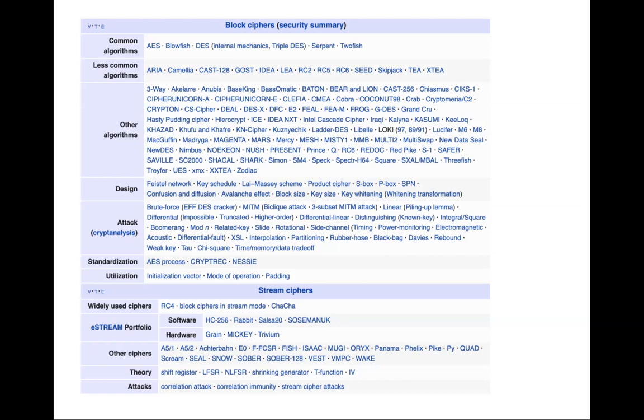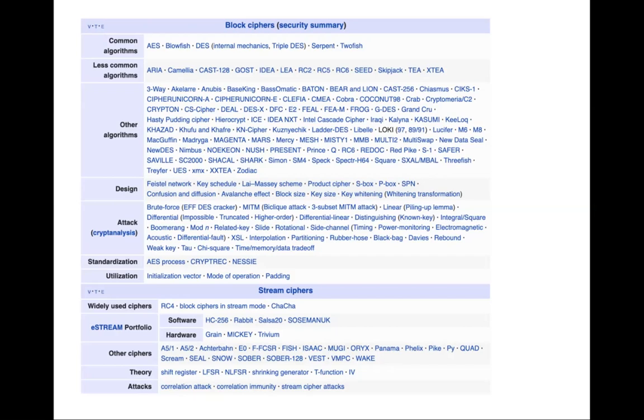And for block ciphers, these are the common algorithms, and people nowadays are mostly focusing on AES because it's a standard and it's used by many companies. They like to use a standard. And these standards normally are studied and analyzed by cryptographers for many years before they can be used in applications.